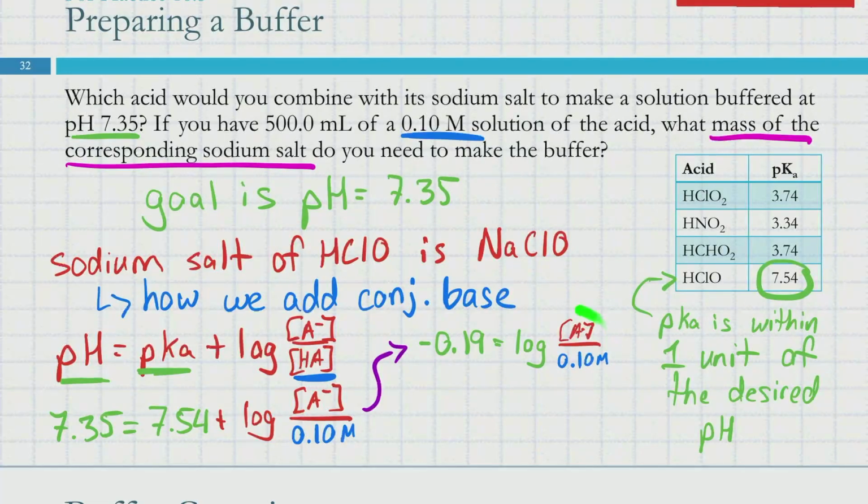We can separate out our logs. One of our helpful properties of logs is when you're dividing two things inside of a log, that's the same as subtracting the logs of those individual components. So we'll expand that out.